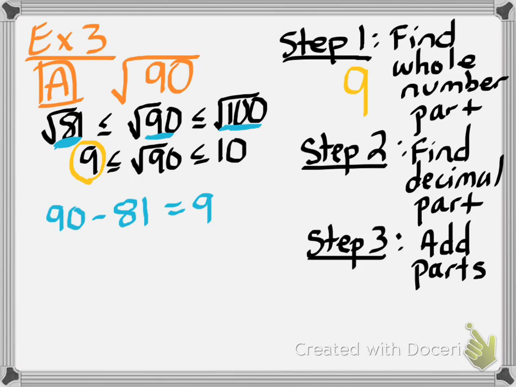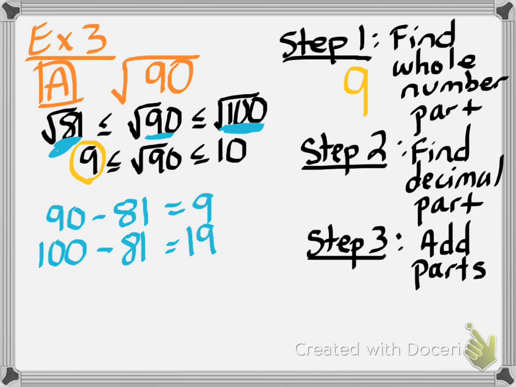Then you take the other end, the larger number, 100, and again subtract the lower bound. 100 minus 81 is 19.